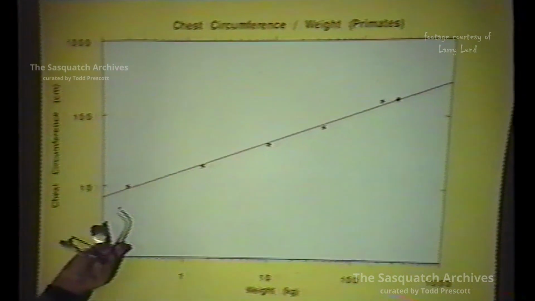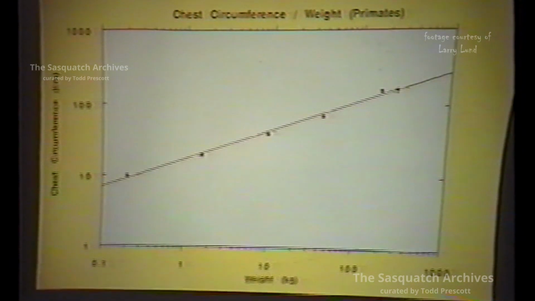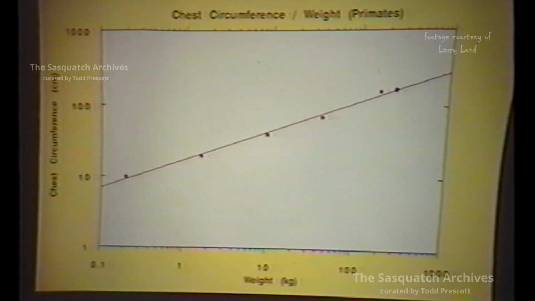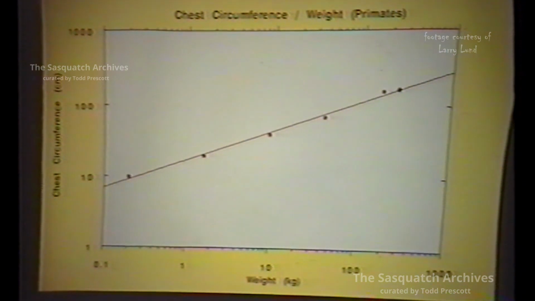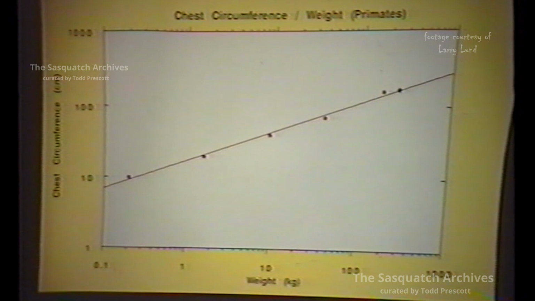From a tamarin, which is this little mousy, squirrely primate, the red dots are various monkeys getting up higher and higher. This is a baboon, and the next red dot I scaled in the gorilla. I happened to find out the chest circumference of a gorilla in the literature, which also fits the same regression line. And then the black asterisk is the chest circumference of a Sasquatch, which you can extract out of the Patterson movie.